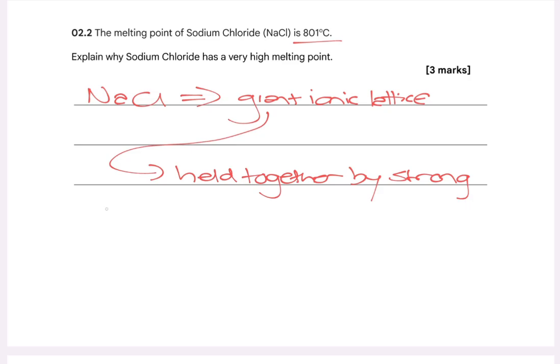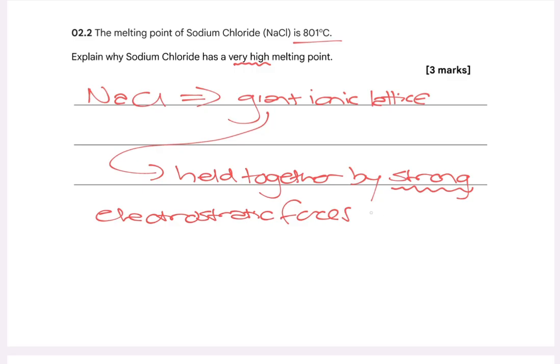So held together by strong electrostatic forces. That aspect of strong also starts to illustrate and answer the question as to why it's got a high melting point. So we're starting to get the scale into what we've got here.